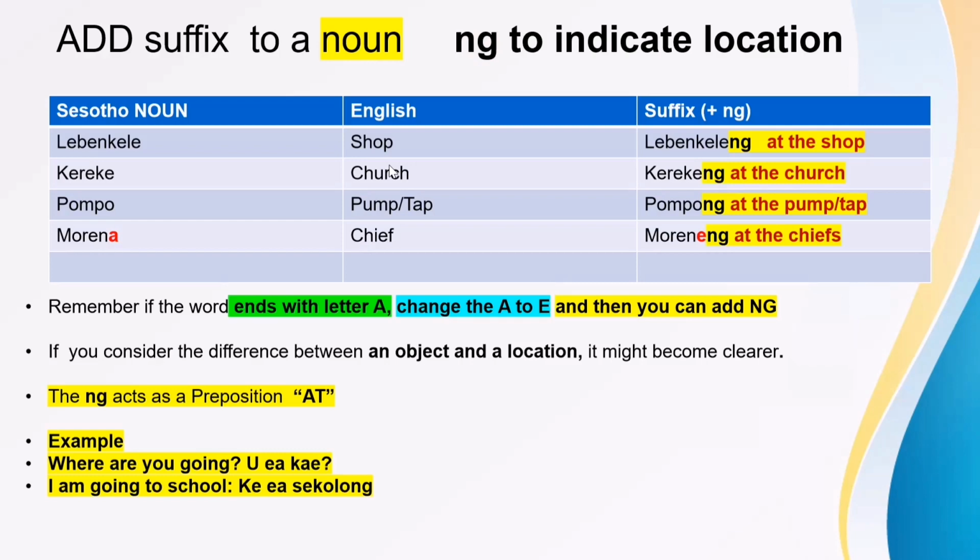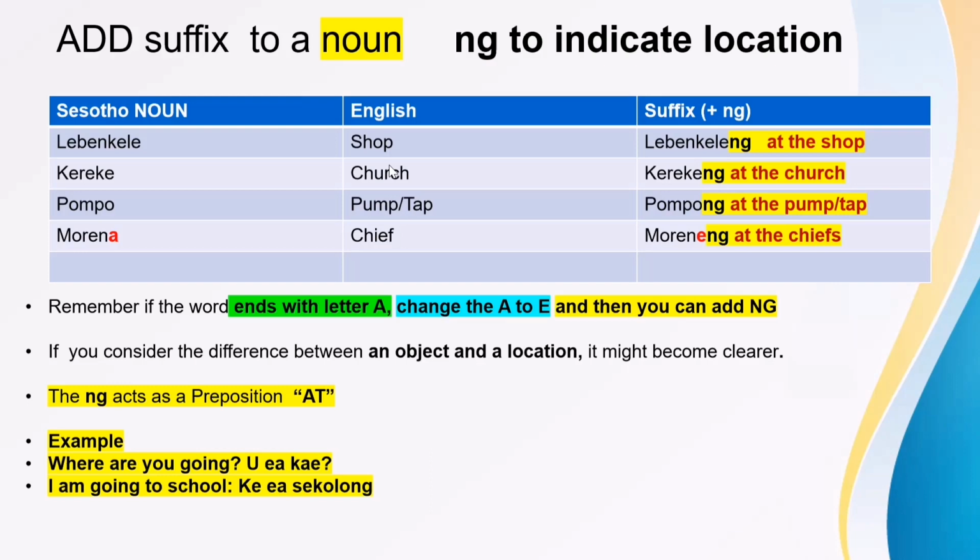And then to describe the location, we say moreneng with the ng, at the chief's. Okay, these are the things you need to remember. Remember that if the words end with the letter A, we remove the letter A, replace it with the E, and then you can add the ng.